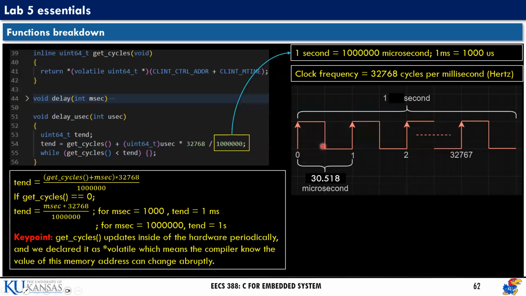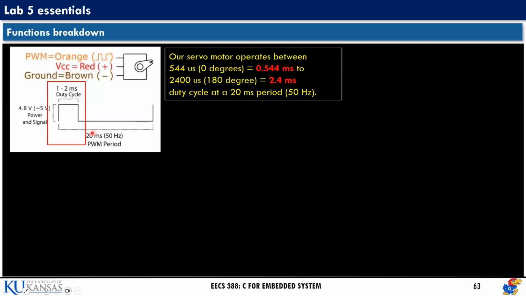Here the duty cycle is half, because half of the time it was on and half of the time it was off. Now the duty cycle or the pulse width can be more or less than 50%.